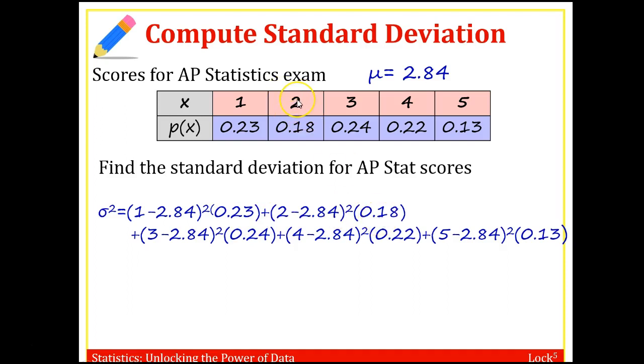The second random variable value in the AP test score is getting a score of 2. So you take 2 minus 2.84, square it, and then multiply it times its probability, and so on, until you end up with the last value, 5 minus 2.84, square it, multiply it times the probability. Throw this in your calculator, you get 1.8144. This is the variance right here. So the last step we have to do to get the standard deviation is to take the square root, 1.34.